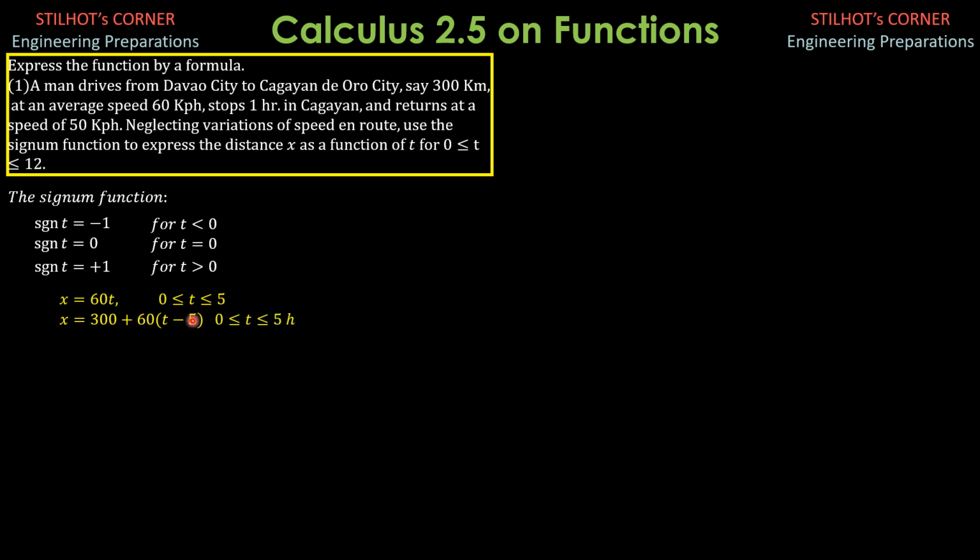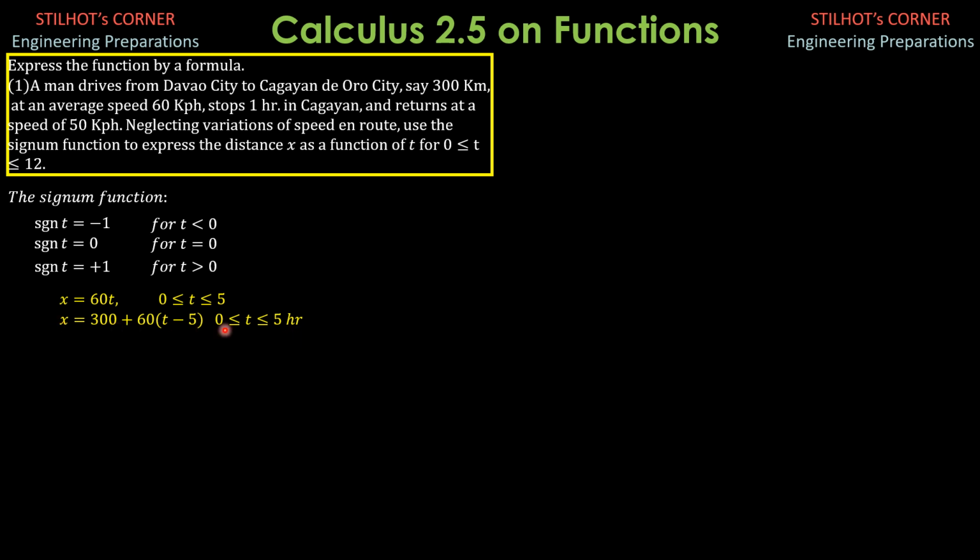So this will give us the same formula as that for 0 ≤ t ≤ 5. If you check, when time is 0, distance is 0, because it is 300 plus negative 300. When time is 1, it will give us 60 kilometers, because 300 plus 60 times negative 4 is 60 kilometers.